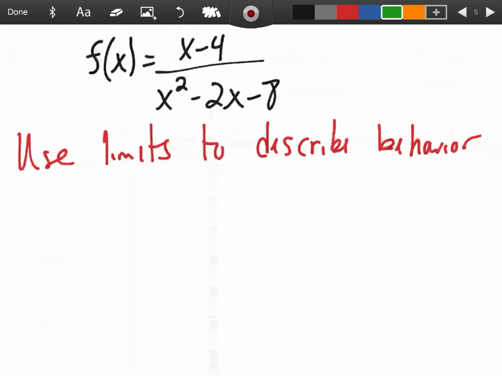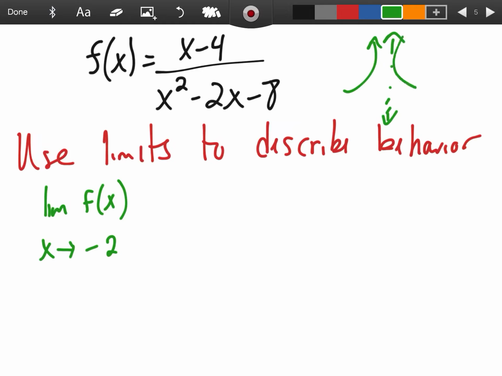All right, now using limits to describe the behavior. We want to describe the behavior at any asymptotes. If we think back to when we originally did limits, let's start off with my infinite discontinuities. What's going to occur there? I can't just say what's the limit as x approaches -2, because think about that vertical asymptote.